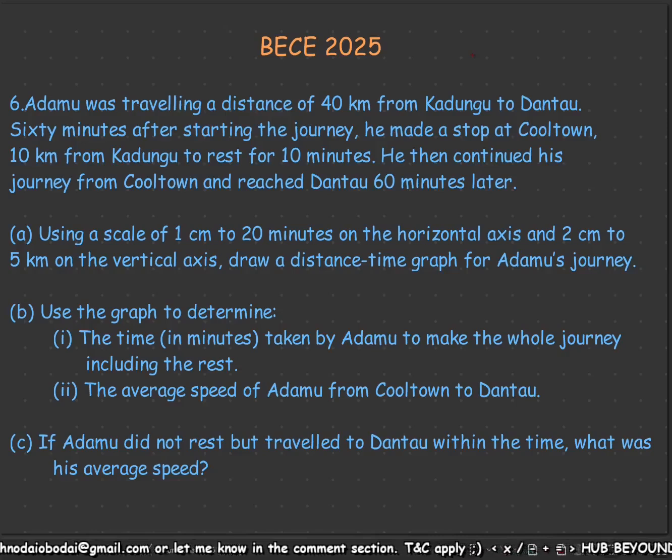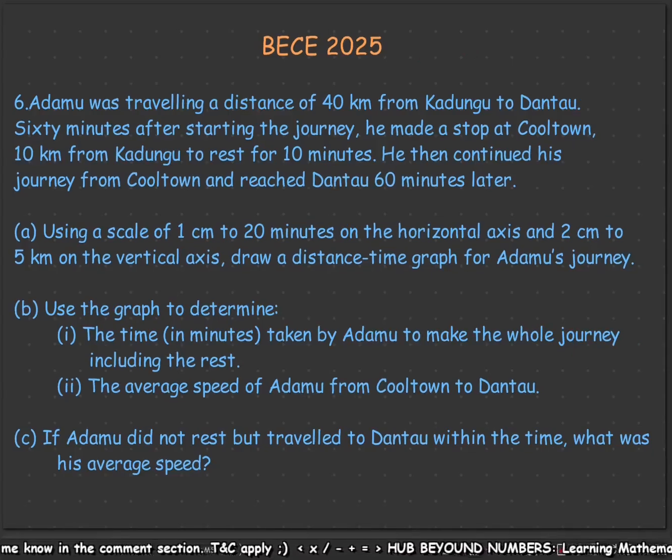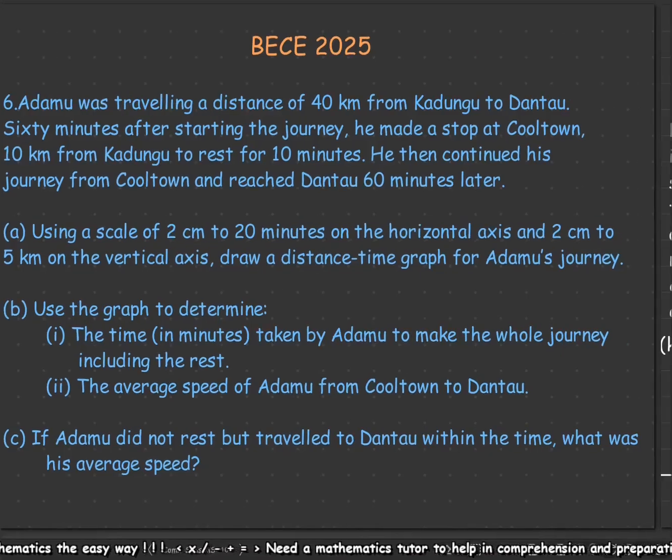So we have to use a scale of, sorry, 2 centimeters rather. There was a typo. So using a scale of 2 centimeters to 20 minutes on the horizontal axis and 2 centimeters to 5 kilometers on the vertical axis, you have to draw a distance time graph for Adamu's journey.